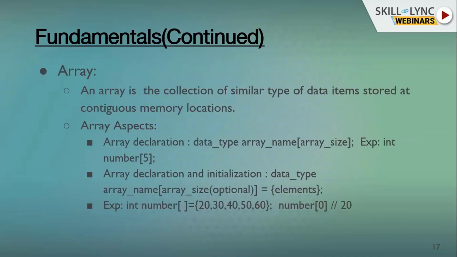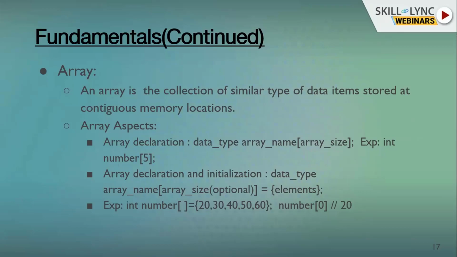Now we talk about arrays. An array is nothing but a collection of similar type of data items, stored in continuous memory locations. If you talk about how an array works, first we need to declare it. During the declaration, as we declare any variable, similarly we declare an array, giving the data type and array name, and there we are declaring a size as well.